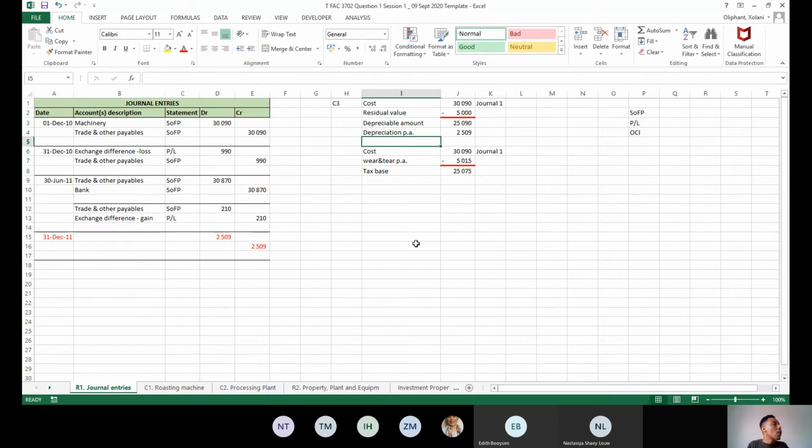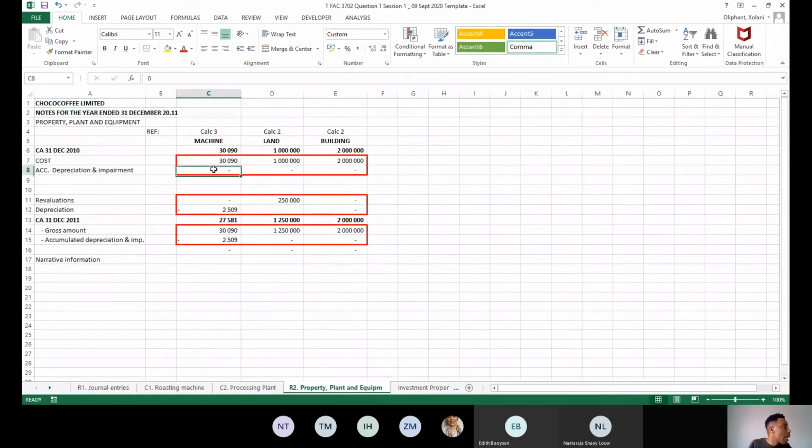So this machinery was only available for use as intended by management on the 1st of January 2011, right? So that's why in our property, plant and equipment note there, we don't have any depreciation, right?